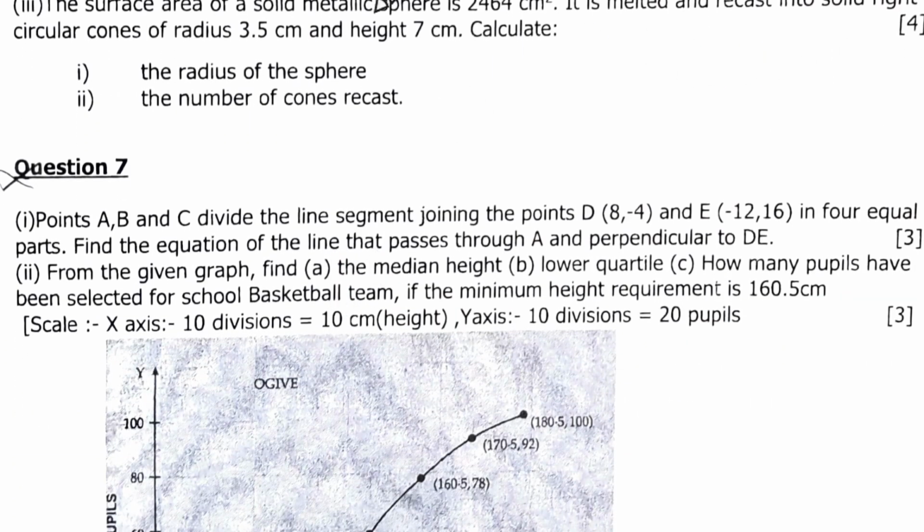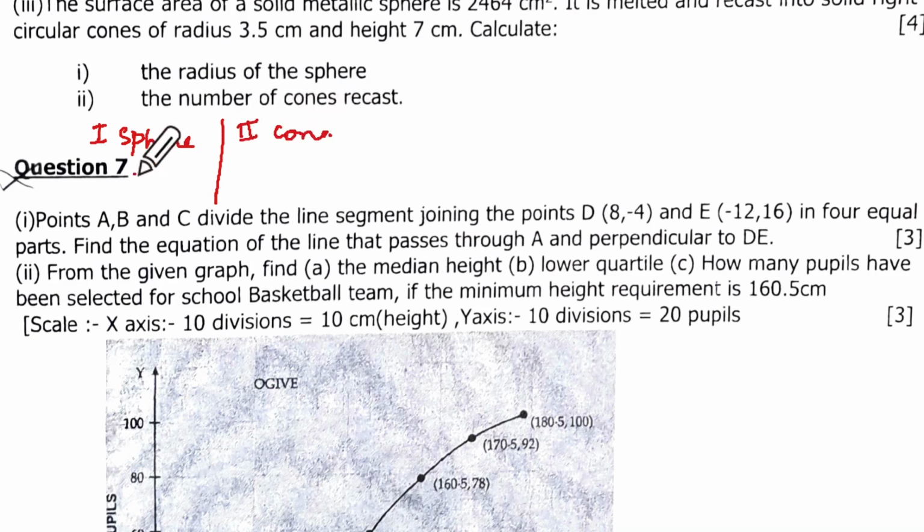What does it say? There is a metallic sphere, with this surface area, melted and recast into a solid right circular cone. This is given. So you have the first case, which is the sphere, and the second one, which is the cone.